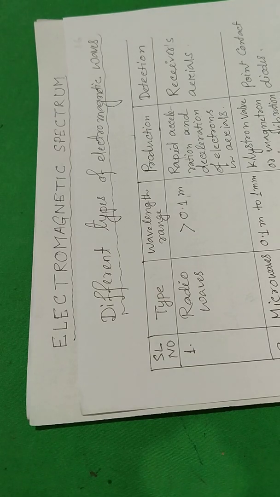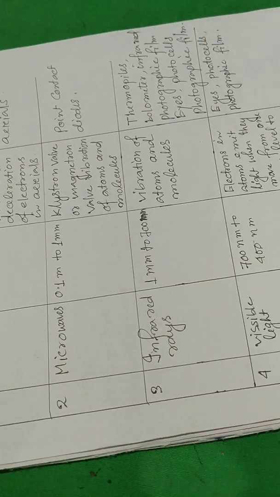Now number 2, microwaves. What are microwaves? Microwaves are short wavelength radio waves having frequency in the gigahertz range, varying from 10 to the power 9 Hz to 10 to the power 12 Hz.